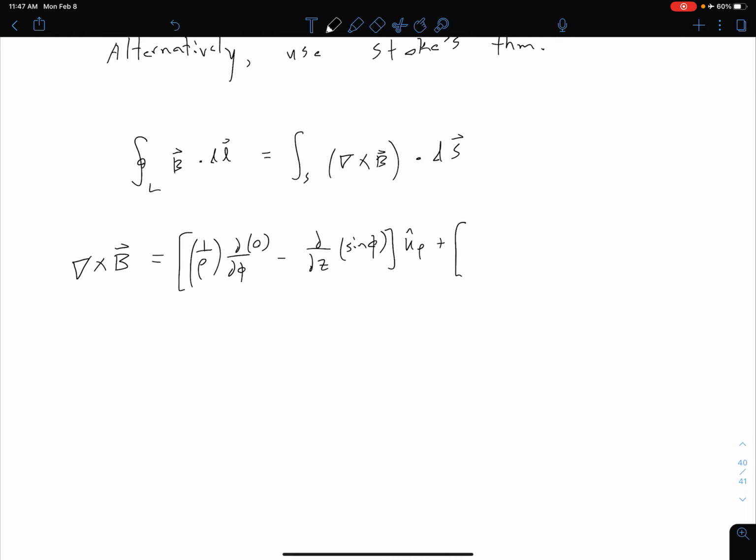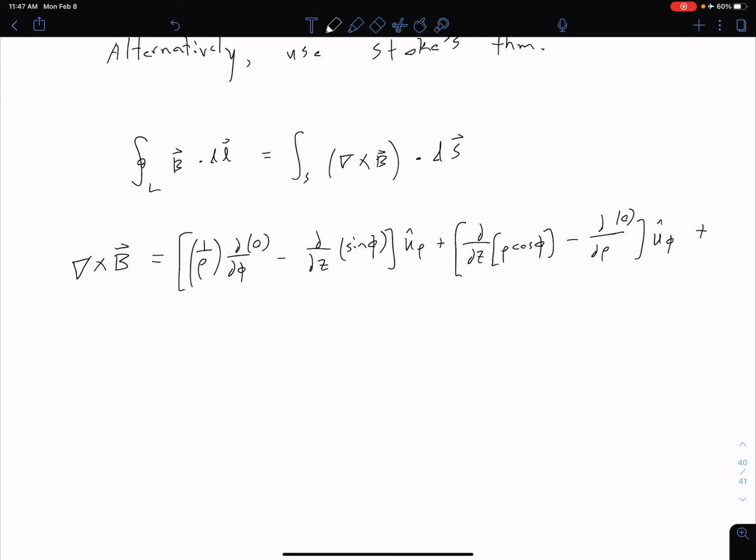We then have plus the partial with respect to z of our rho component, which is rho cosine phi, minus the partial with respect to rho of our z component, which again is 0, and all of that is multiplied by our phi unit vector.